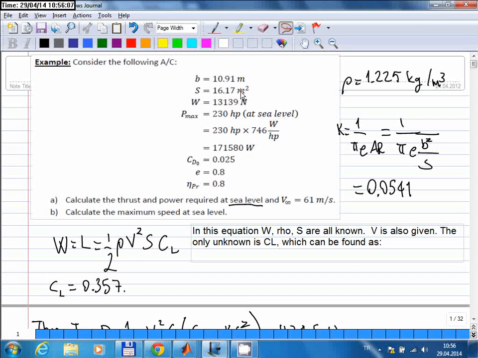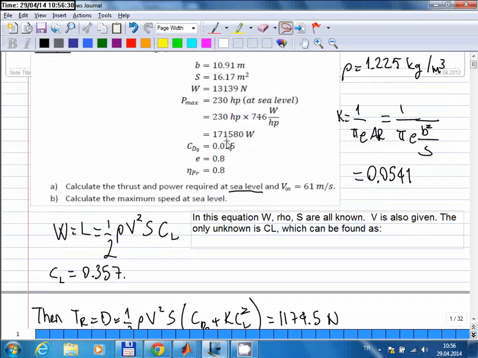Since in our equations we use the metric system, we need to use power in terms of watts, and you can convert horsepower to watt by using this scaling factor. So 1 horsepower is approximately 746 watts. That means the engine power is this much in terms of watts.